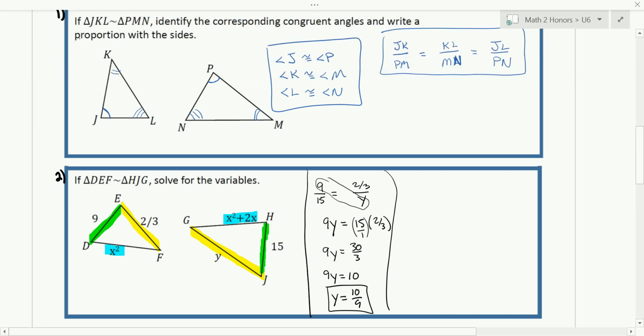I'm going to go corresponding sides. I'll do blue over blue, right over left. So x squared plus 2x over x squared. And again, if you didn't set it exactly the way I'm doing here, it doesn't matter. What matters is when we both cross multiply, that we get the same thing.